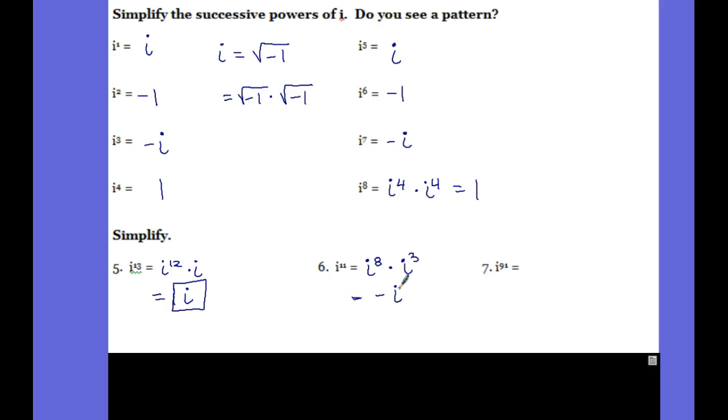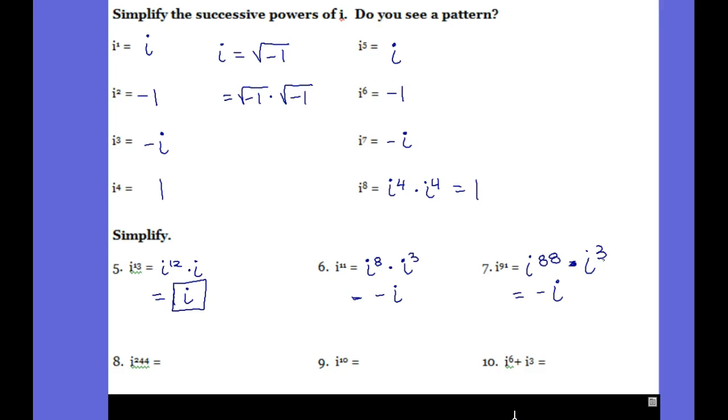Not 98. 88. So this is kind of like saying i to the 4 is like i to the 88. So then it's 89, 90, 91. And from 88 to 91, you need a 3. i cubed, negative i. You see it?